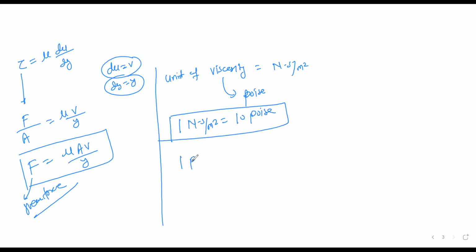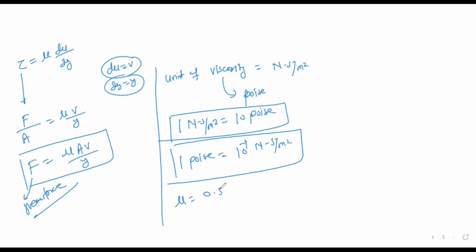Or 1 poise is equal to 10 raised to minus 1 Newton second per meter square. So if the dynamic viscosity is given as 0.5 poise, you can write it in standard unit as 0.5 into 10 raised to minus 1 Newton second per meter square. So the unit is very important here.